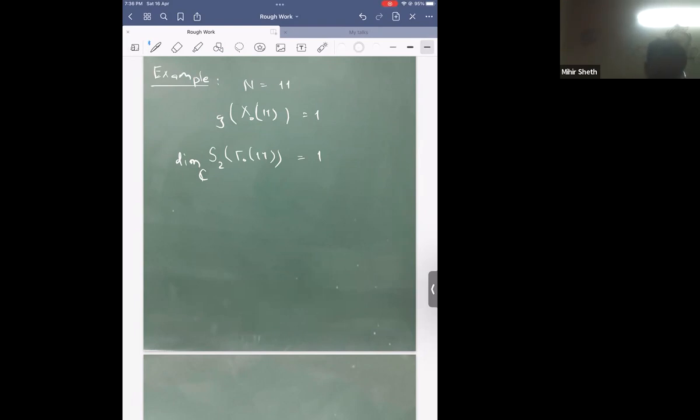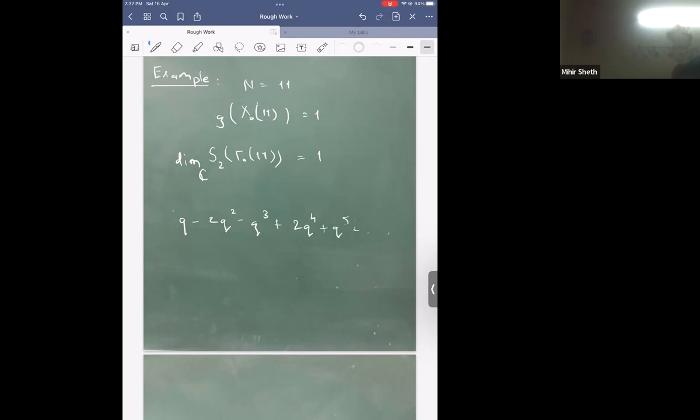So the Fourier expansion looks like this: q minus q squared minus q cubed and so on.